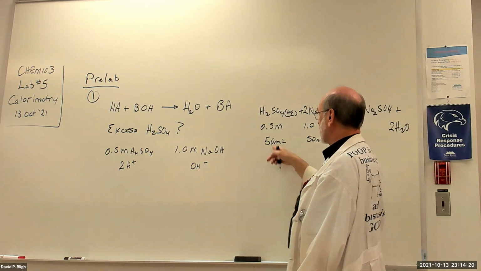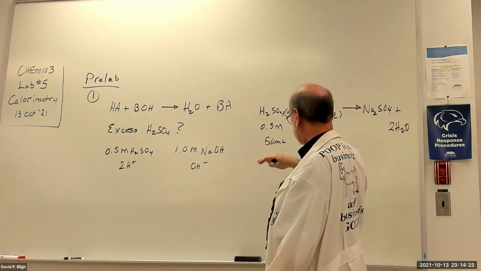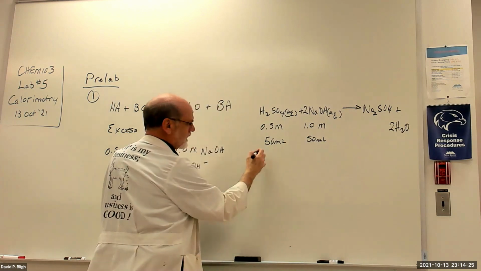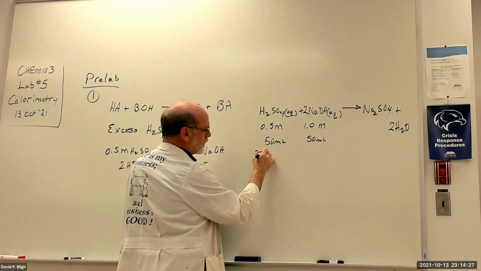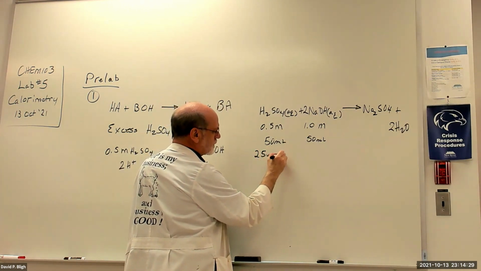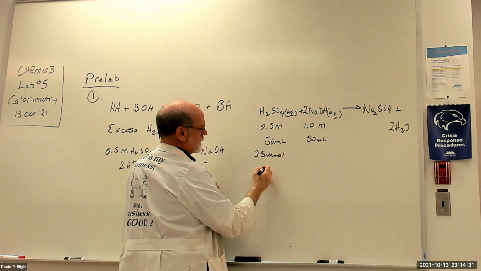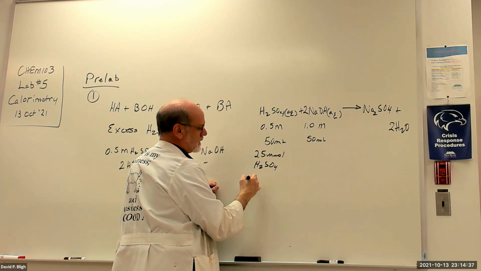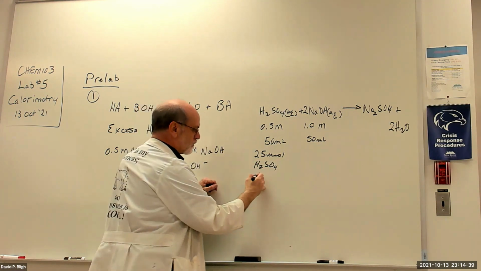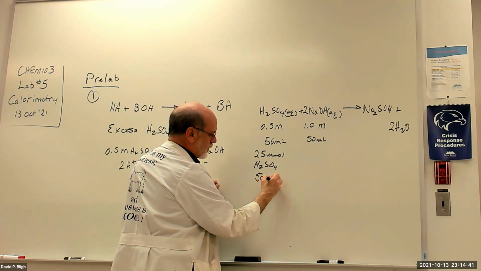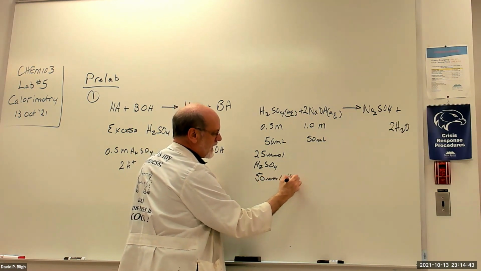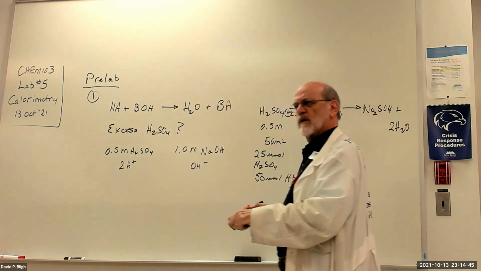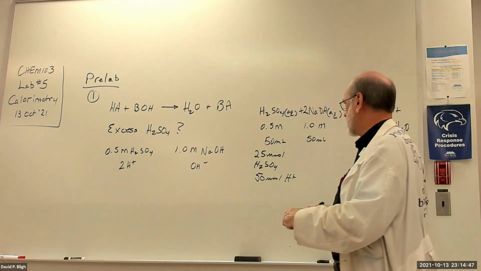Because 50 mL of this would be 25 millimoles of H2SO4, which would be 50 millimoles of hydrogen ions. Did I explain millimoles before? Okay.